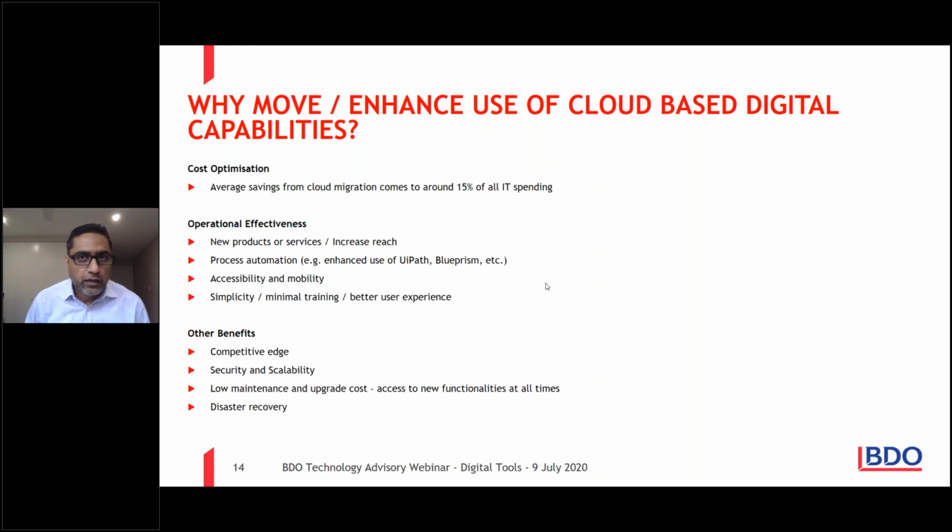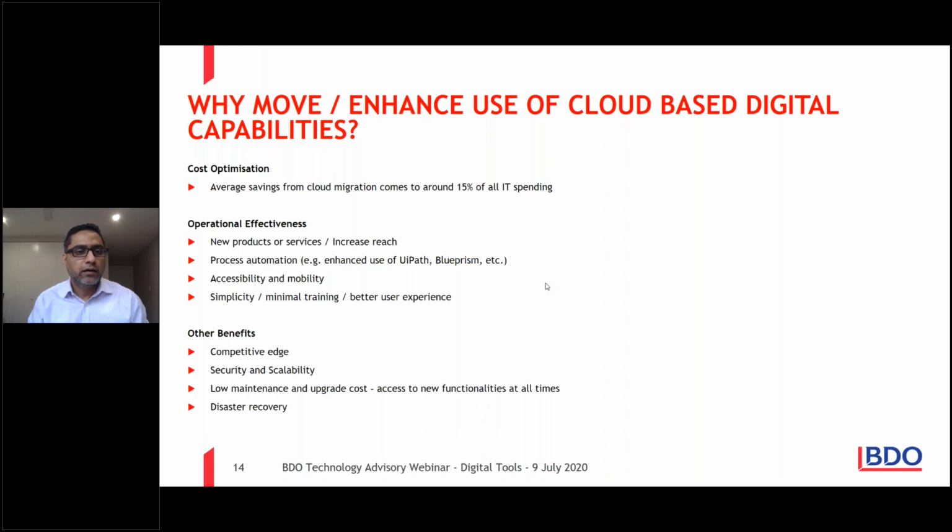It could be going outside of your geographical region, or even exploring global capabilities or global markets at the back of some of those digital capabilities. So the ability to quickly introduce new products or services, increase the share or increase the market, that's a big part of the business case underpinning the digital capabilities.